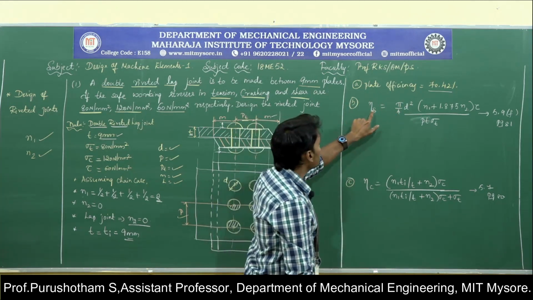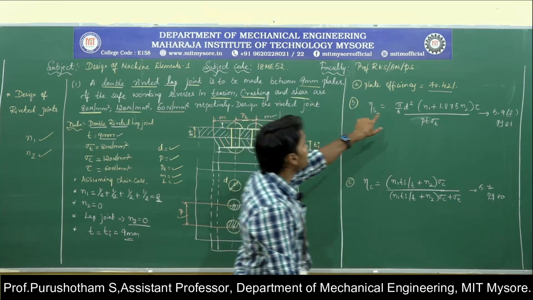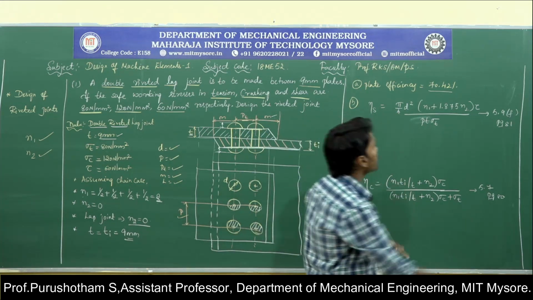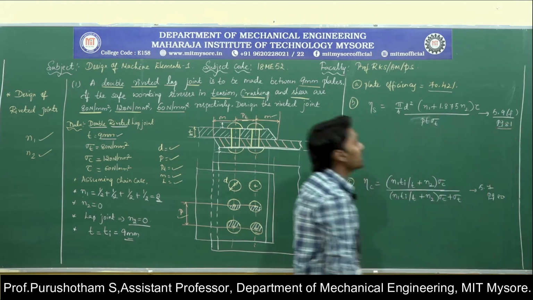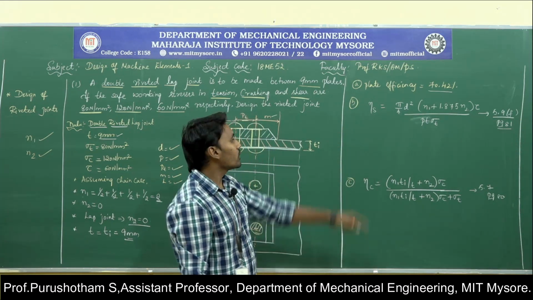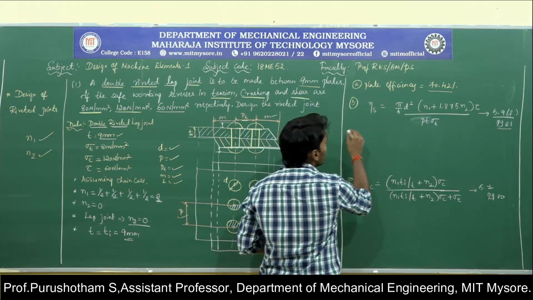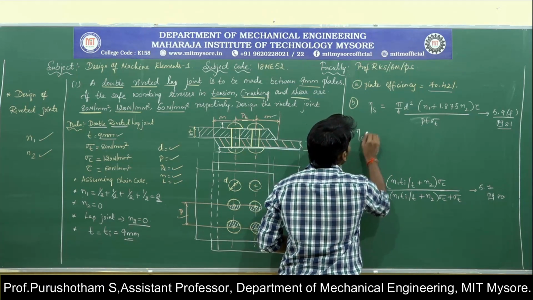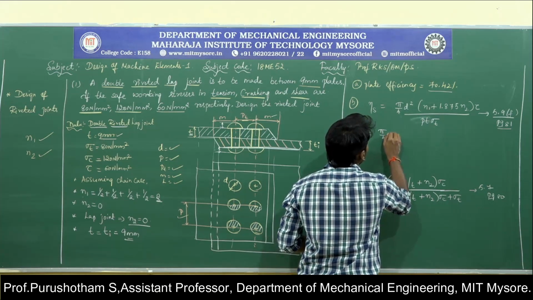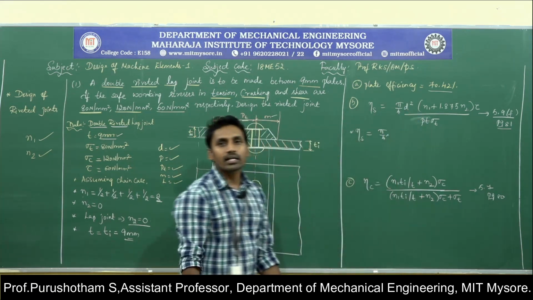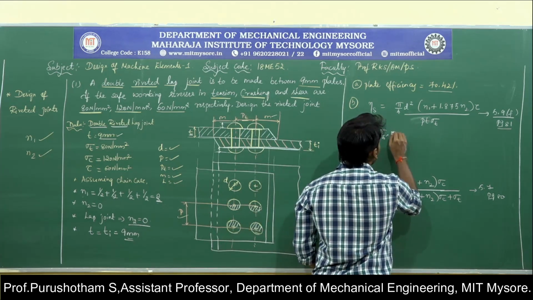Next we move on to the efficiency in shear, which is given by this equation, also available in the data handbook, that is 5.9F, page number 81. Now I am going to substitute the values. Efficiency in shear is given by pi by 4 d square, where d is the diameter of rivet hole, that is 18 square.